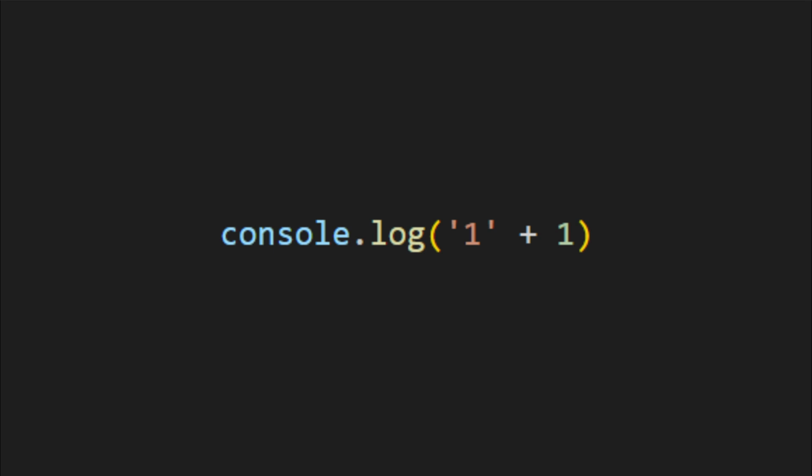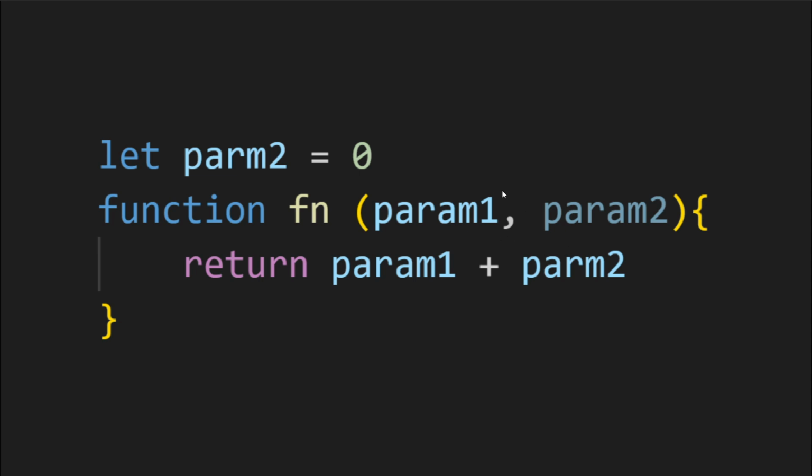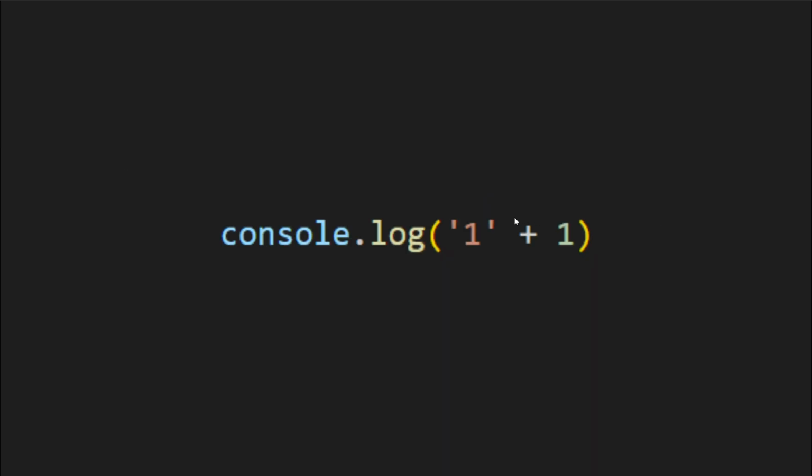Now, let's say this came from a function, and these parameters are user inputs. Now, type checking here would just make sure that you're not combining these as strings and you're adding them as numbers.